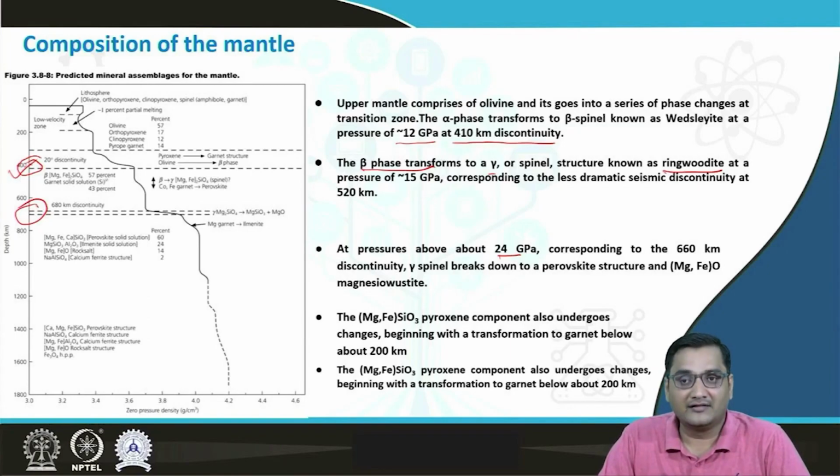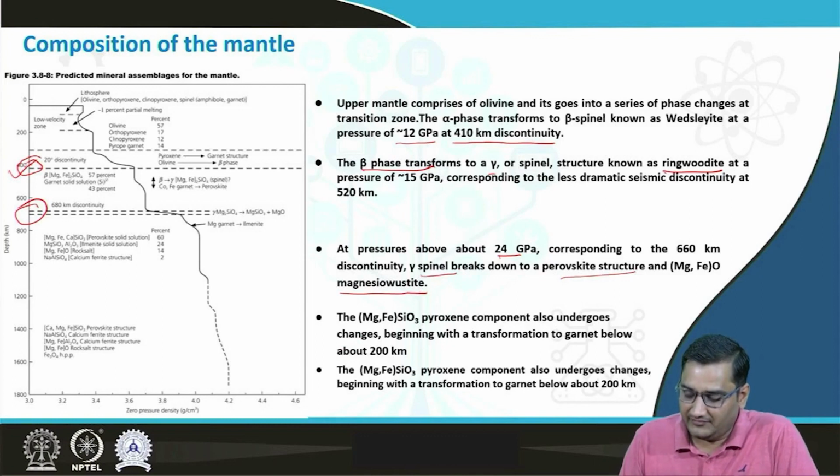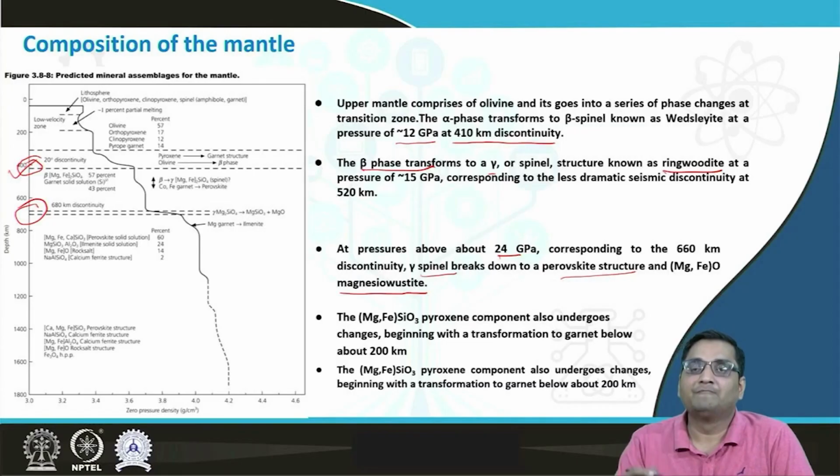Another mineral, magnesiowüstite, will also be formed after the transformation from gamma spinel to perovskite.